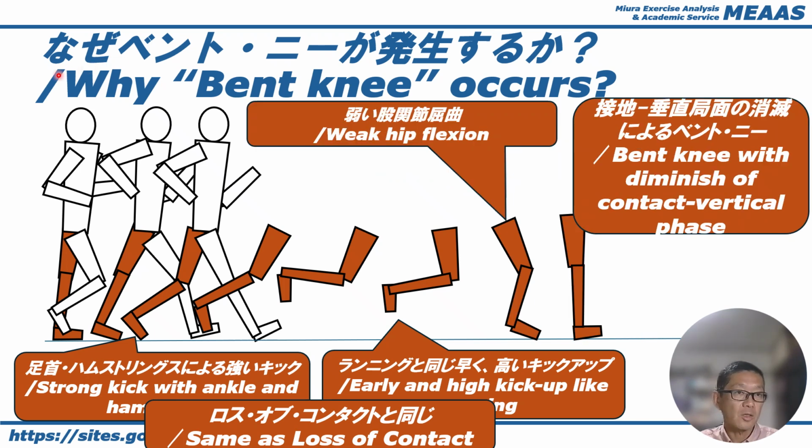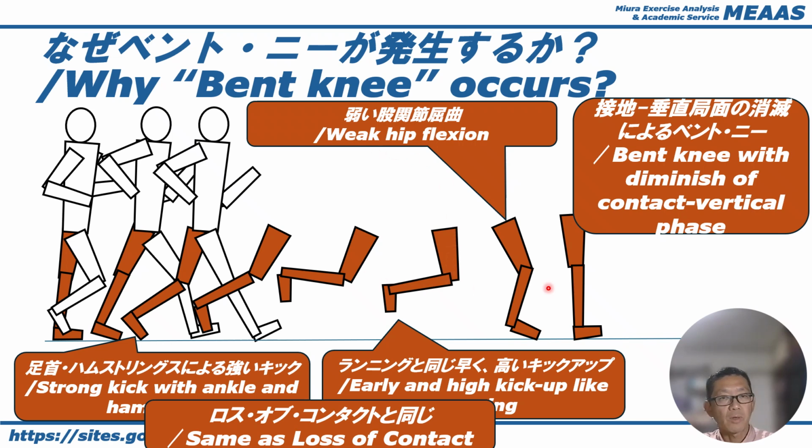And that is the second category. This is the same as the first one. They kick strongly with the ankle and hamstrings, so they kick up the shank high and early, like landing. This pattern can be judged as bent knee, and sometimes receives a yellow card or red card for bending.